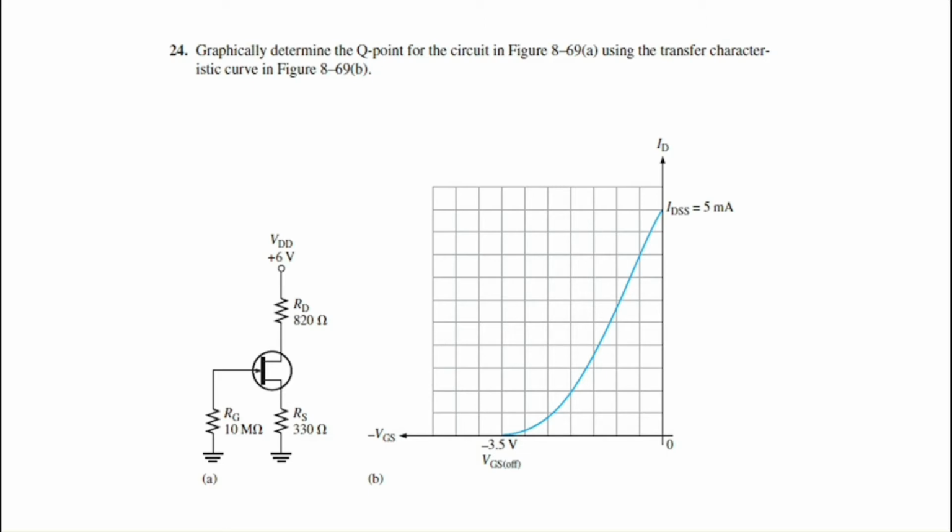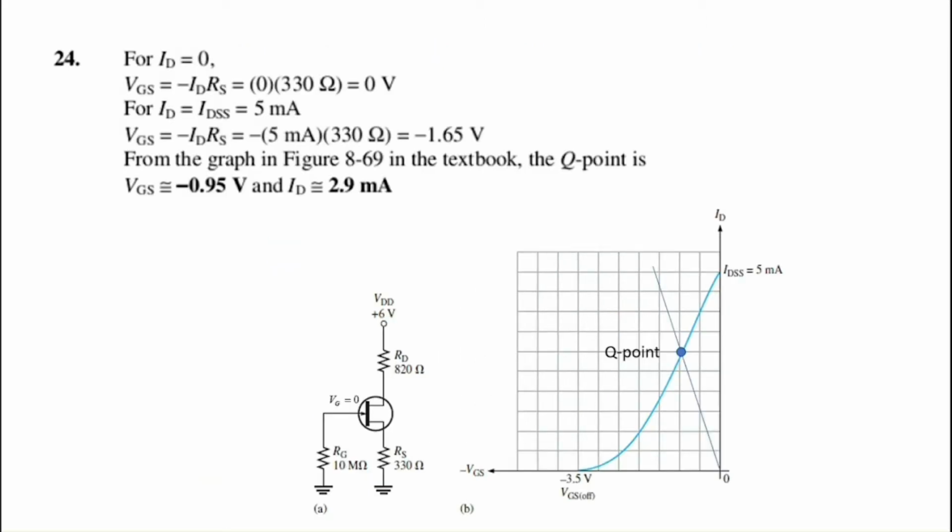So let's start by setting ID equal to 0. When ID is equal to 0, your VGS is equal to VG minus VS. Your VG is equal to 0, so your VGS is equal to negative VS. Your VS is given by ID RS, so that simplifies the formula to VGS equal to negative ID RS.